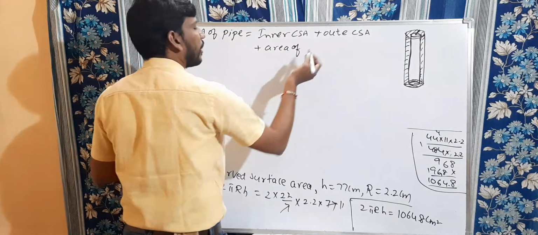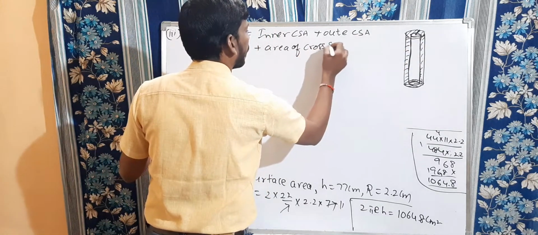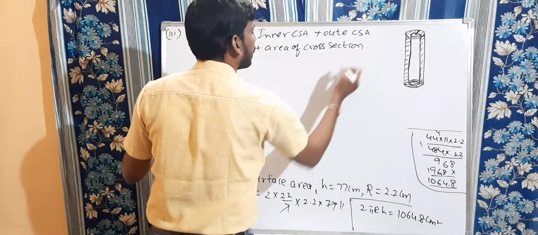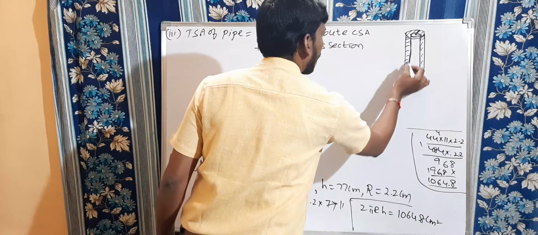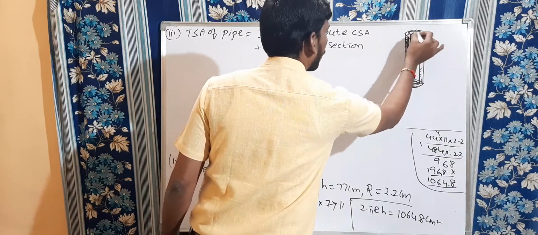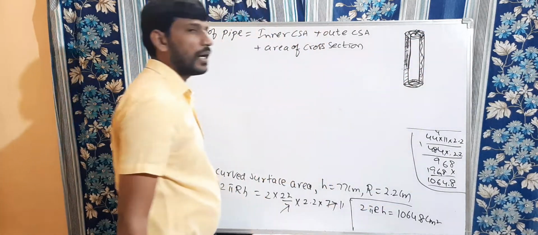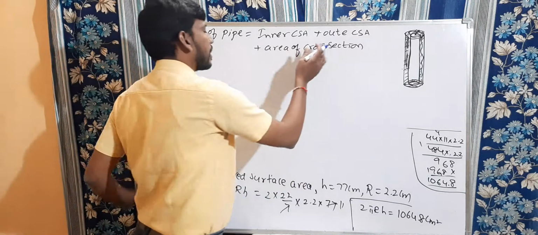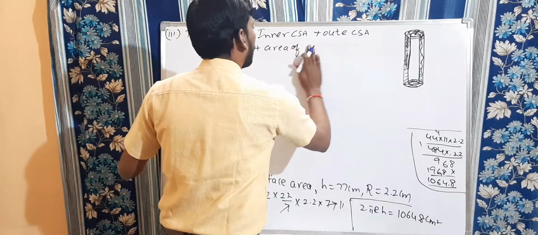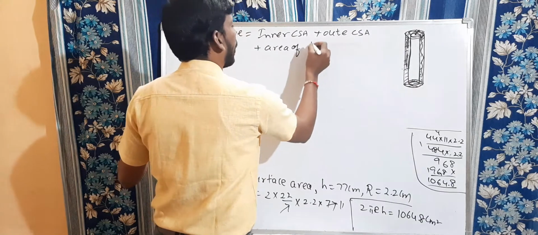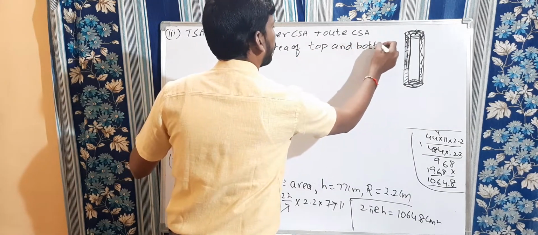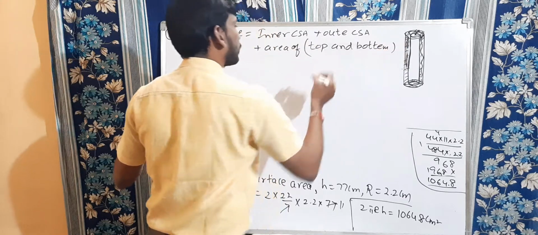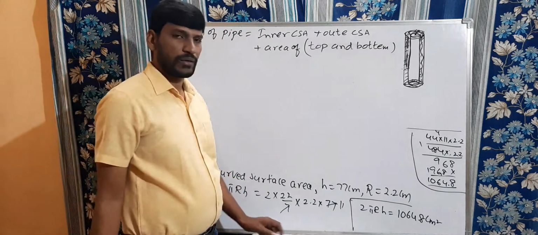The cross section is nothing but the part in between these two cylinders. This we are going to find out. That is in the form of a ring. Instead of writing cross section, you can write area of top and bottom, both the ends. Clear?